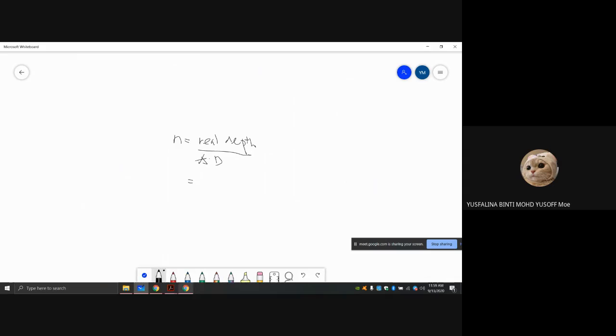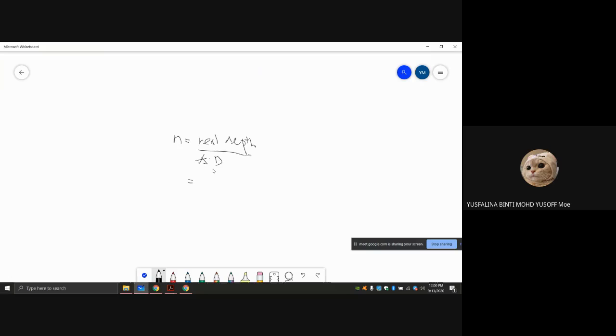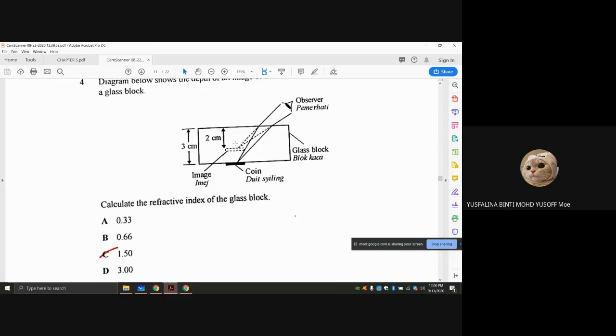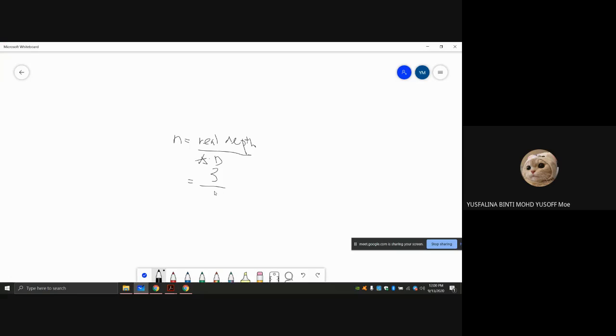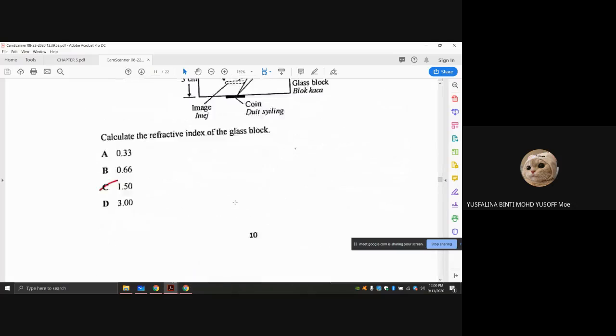The real depth is from the surface to the object, so the object is here, which means 3. The apparent depth is to the image, and the length here is 2. So 3 divided by 2, you get 1.5. This is the refractive index, so the answer is C.